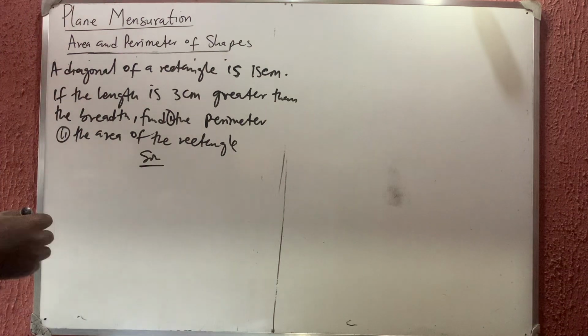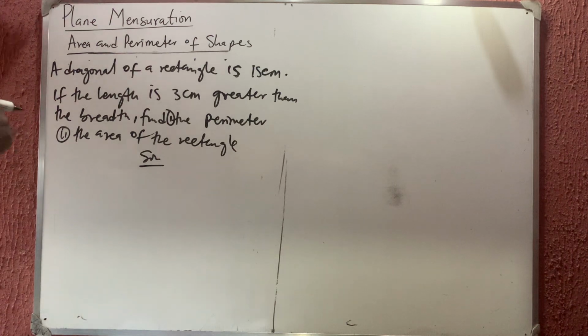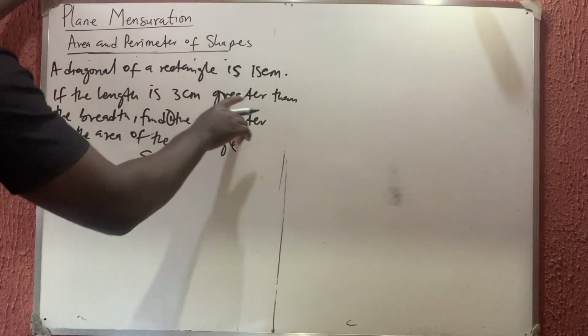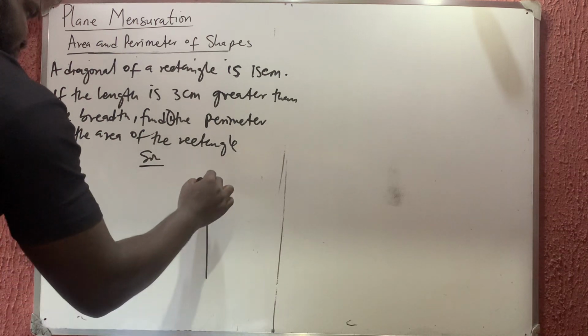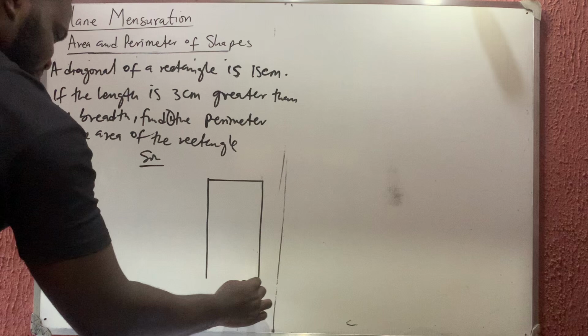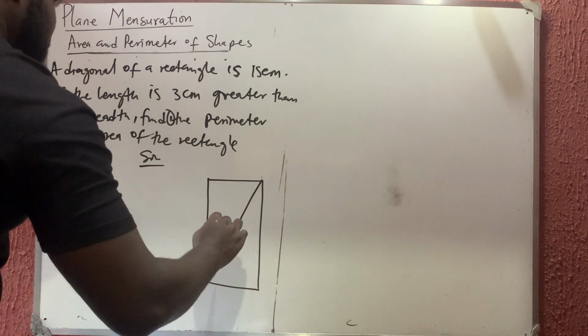Solution. Now obviously you can draw it, then you now know what to do. So they say that the length is 3 cm greater than the breadth. So if the length is longer, let me have that it is like this, and this is my diagonal. So the diagonal they told us is 15.